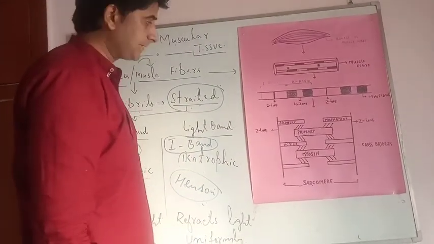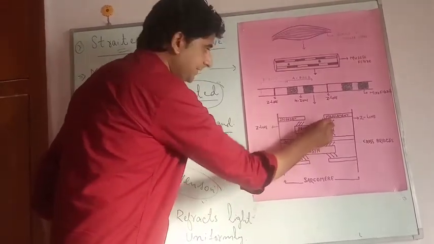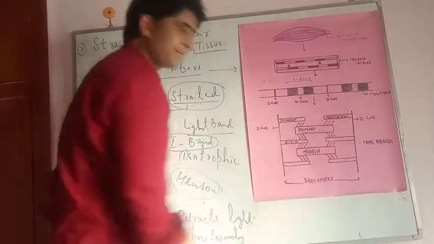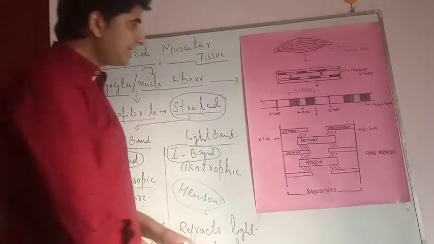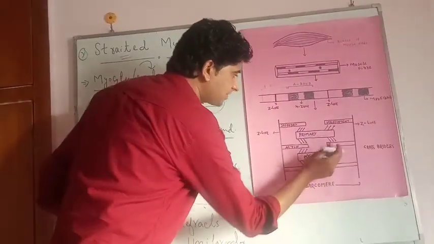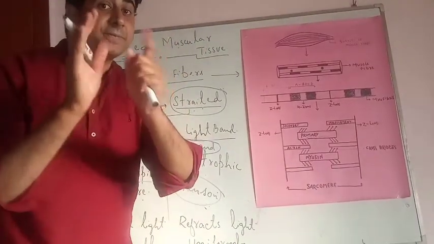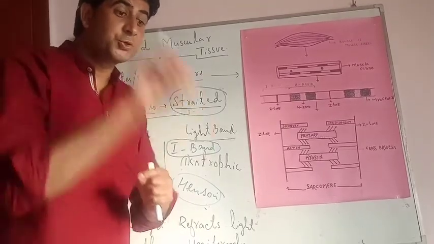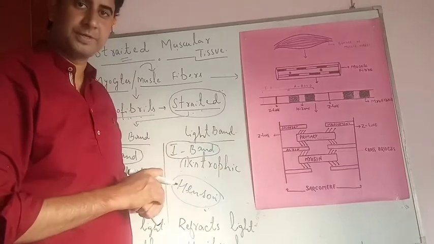Means ये बीच में आ जाते हैं. And these primary myofilaments bear the cross bridges. कुछ branches यहाँ से निकलते हैं, उन branches को हम कहते हैं cross bridges. And the tip of each cross bridge is swollen and possesses an enzyme called ATPase, which provides the energy during the contraction of the sarcomere.